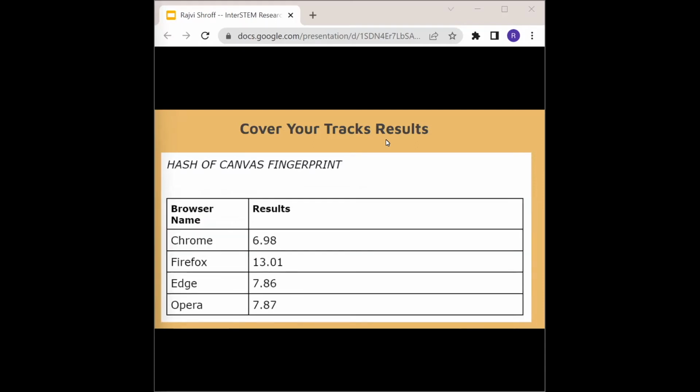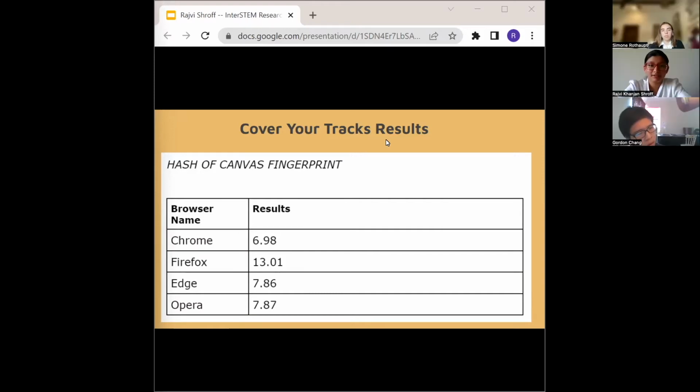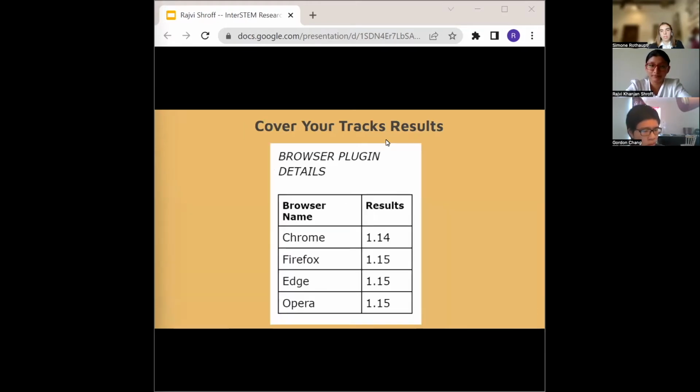Depending on the test, however, browsers did differently. For example, for the metric hash of Canvas fingerprint, Firefox performed poorly compared to all others, and Chrome actually performed better in terms of privacy. Chrome was at 6.98, but Firefox was at 13.01.